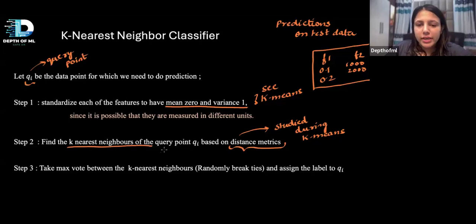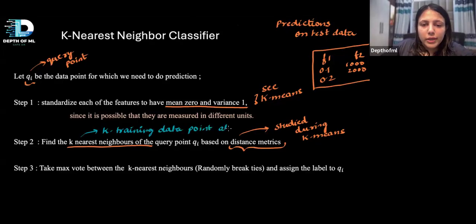So how do you define the K nearest neighbors? They are basically K training data points at the lowest or minimum distance from the query point.